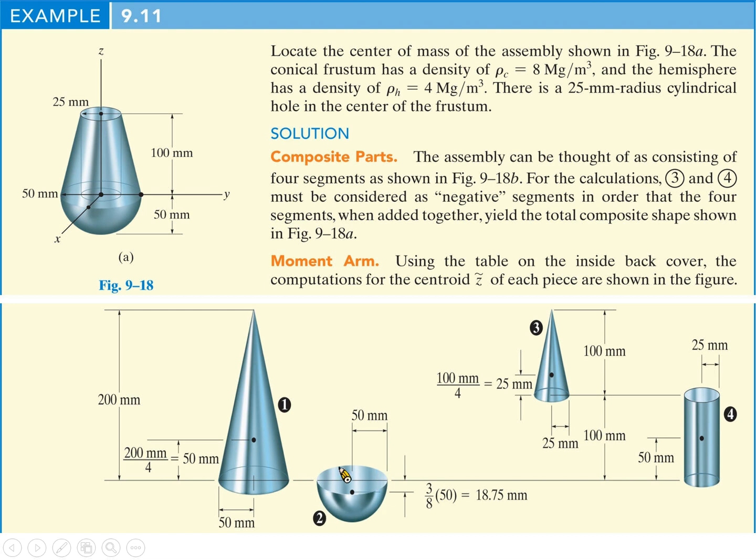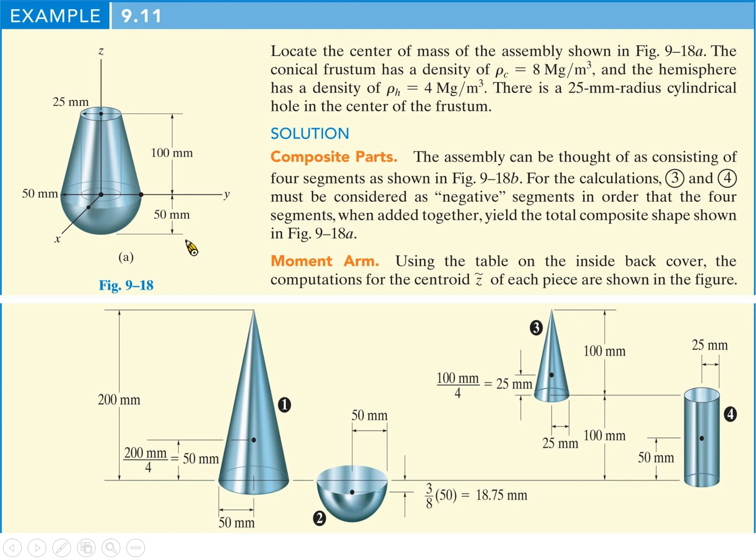Then the bottom is a hemisphere. Then later on we know inside here is a cylindrical hole, which is this one. So we have to subtract the cylindrical hole here.